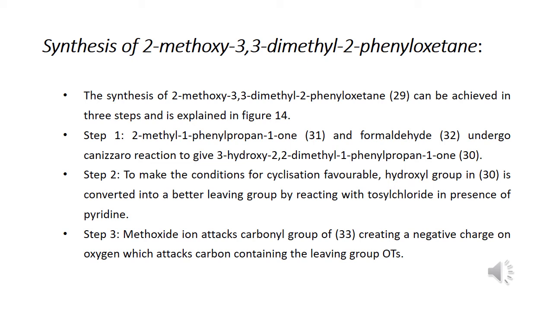The hydroxyl group in structure 30 is converted into a good leaving group by reacting with tosyl chloride in the presence of pyridine. And in step 3, the methoxide ion attacks the carbonyl group of structure 33, creating a negative charge on oxygen, which attacks the carbon containing the tosyl leaving group, that is tosylate.